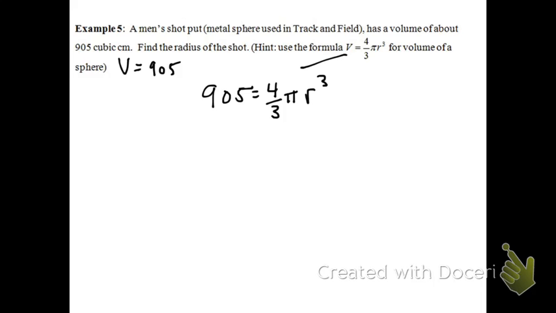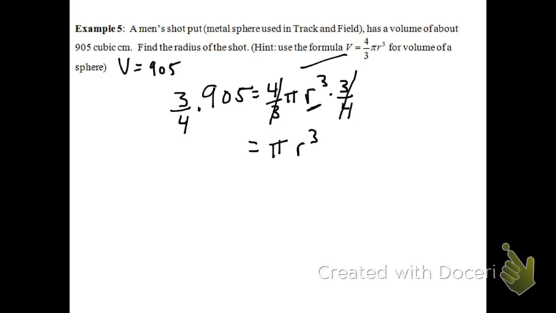Now I want to solve for my radius. That means first I have to isolate it and get rid of that 4/3. Instead of dividing by 4/3, I'm going to do the inverse operation and multiply by the reciprocal, 3/4, to both sides. The 4/3 and 3/4 cancel, and on the right side of the equation we'll just have pi times r cubed.